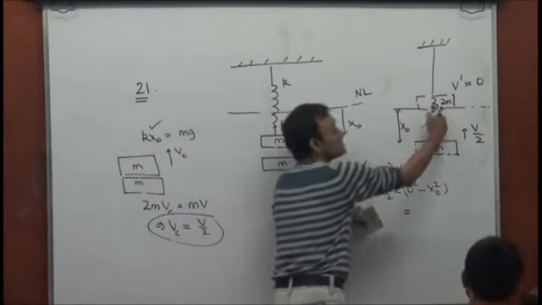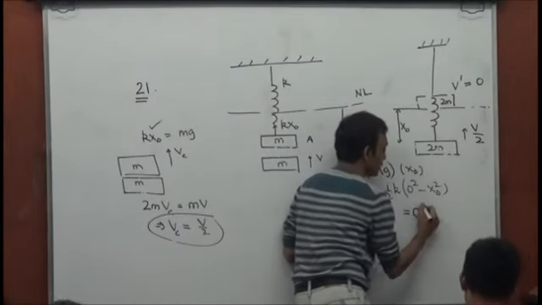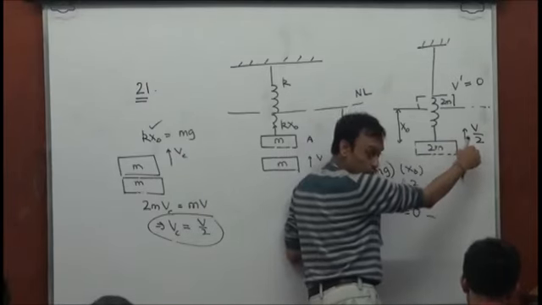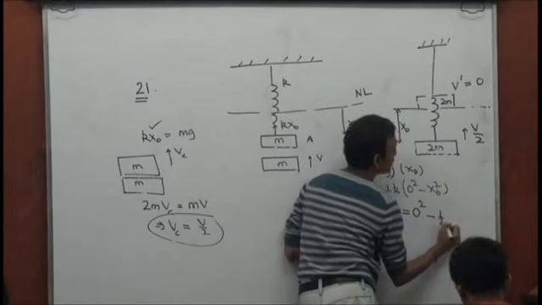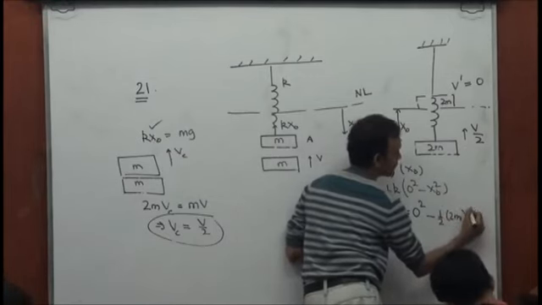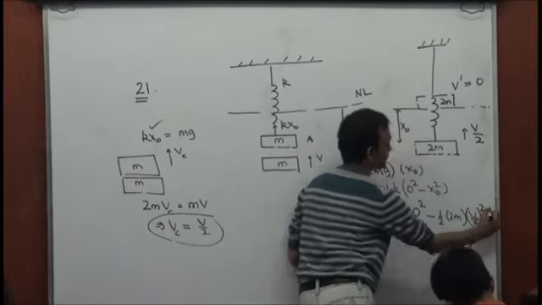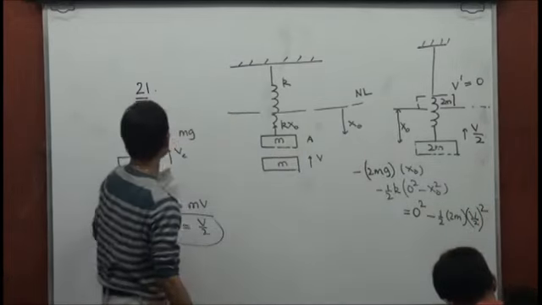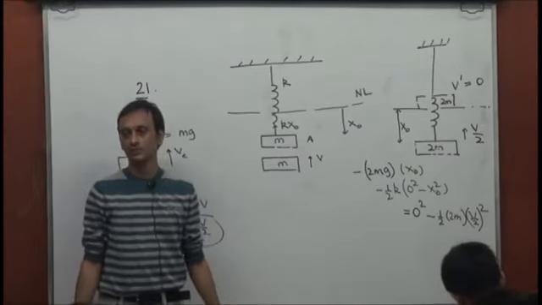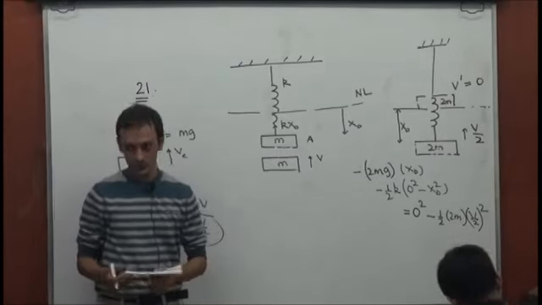Final kinetic energy is 0 here. Initial kinetic energy is half of 2m into v by 2 whole squared. X naught can be plugged in as mg by k, and then we can solve for v.